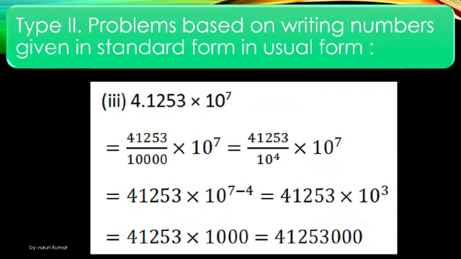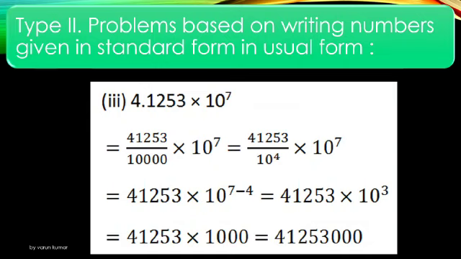Now the denominator contains 10 to the power 4 and the numerator has 10 to the power 7. So we are going to subtract, 7 minus 4. Remember the rule of exponents: a to the power m by a to the power n equals a to the power m minus n.